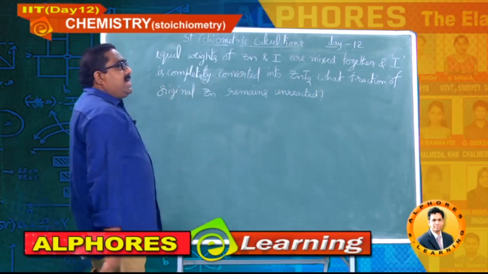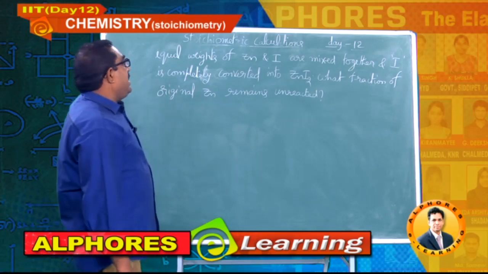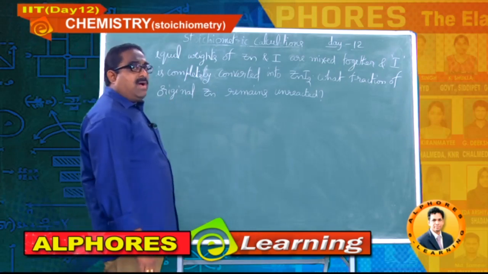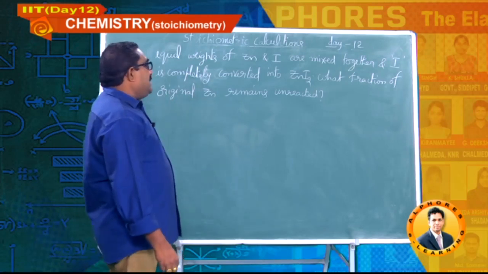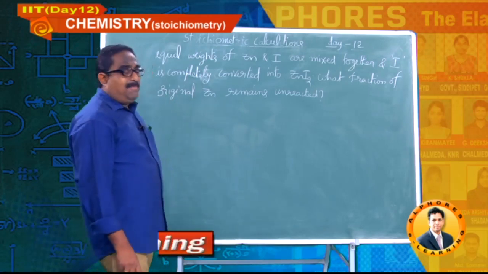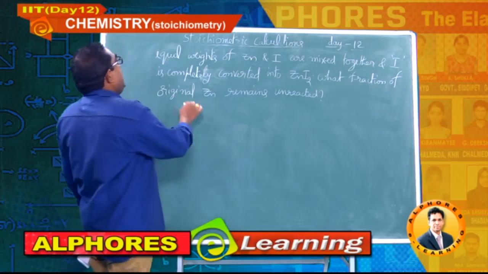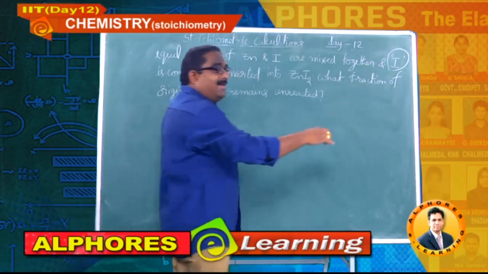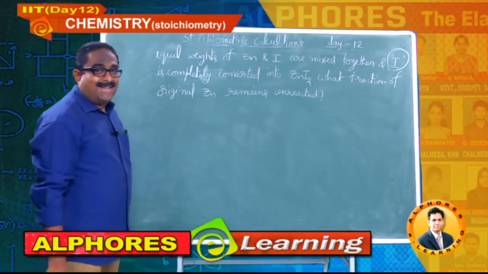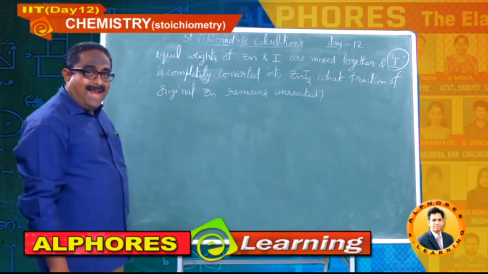Equal weights of zinc and iodine are mixed together and iodine is completely converted into zinc iodide. What fraction of original zinc remains unreacted? It means indirectly he is saying iodine is the limiting reagent in this particular reaction.